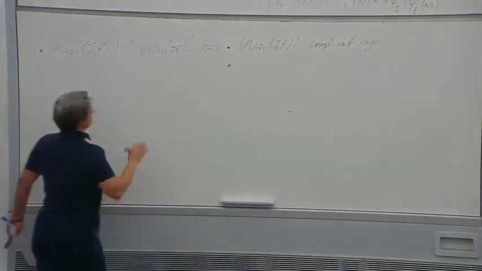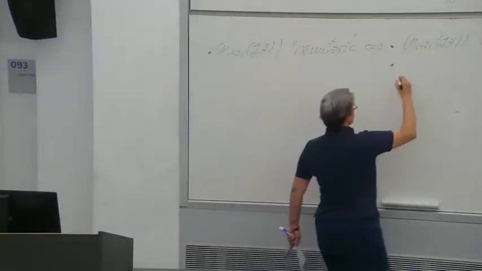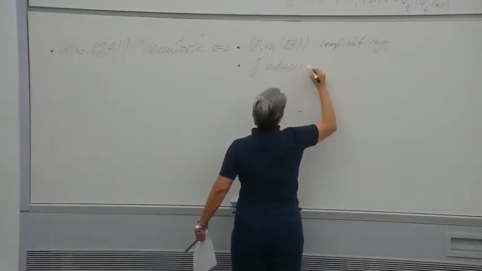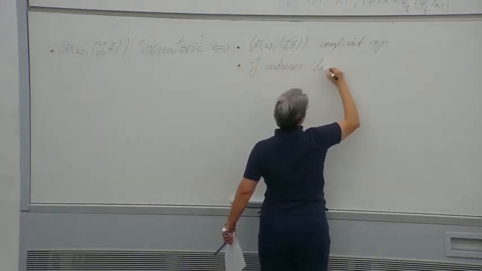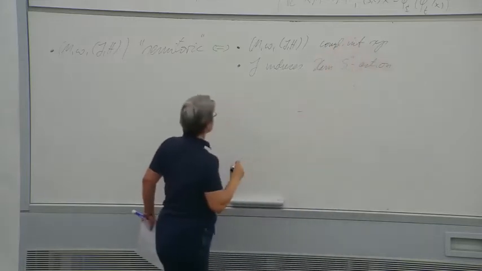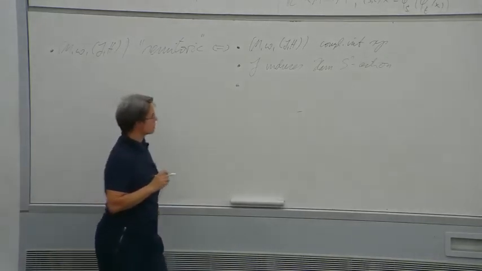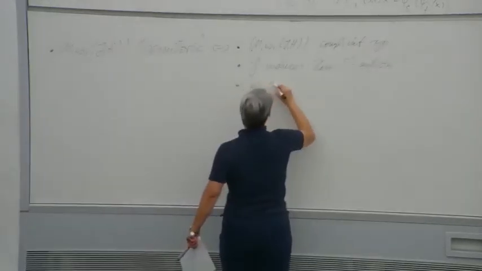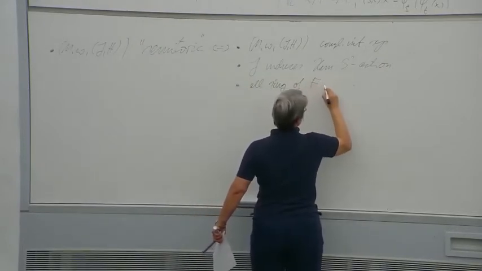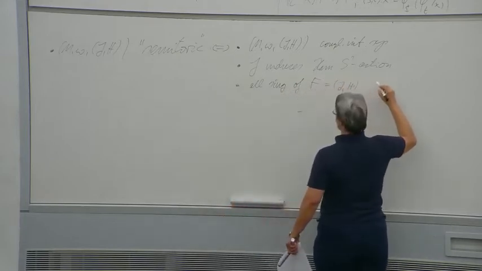Semitoric means that there needs to be something which is somewhat toric. So they said, let's ask that J induces an S1 action, which should be effective. Moreover, if you want to classify, you don't want to have too nasty singularities. They said all singularities of F given by J and H should be non-degenerate.